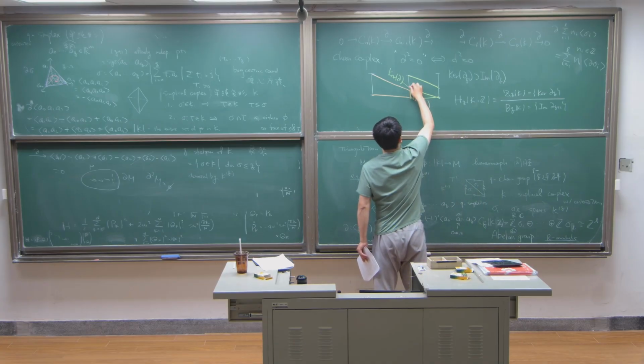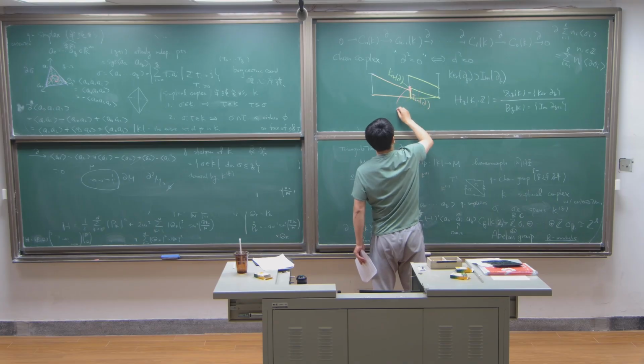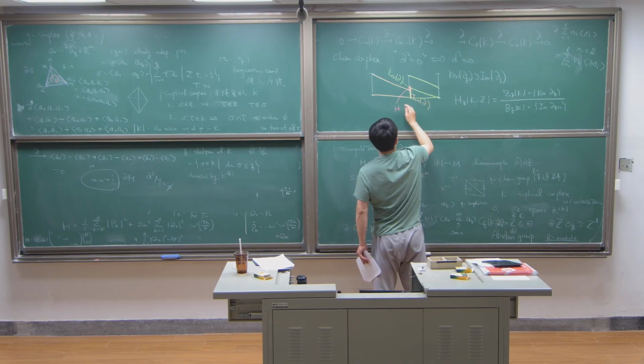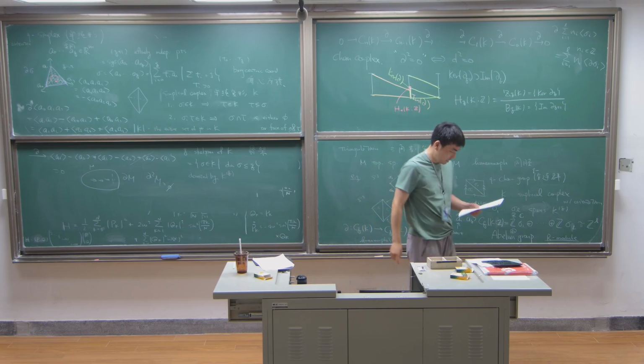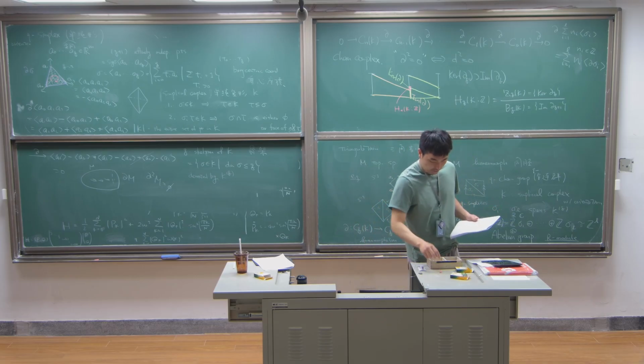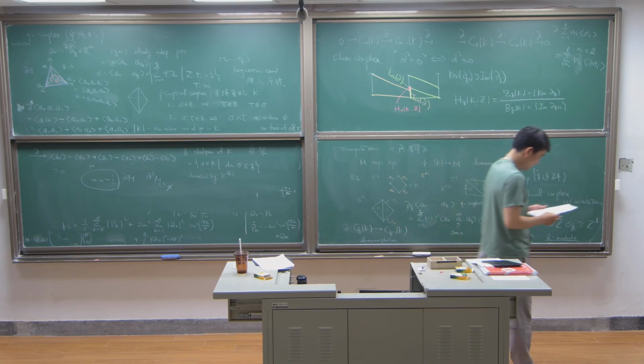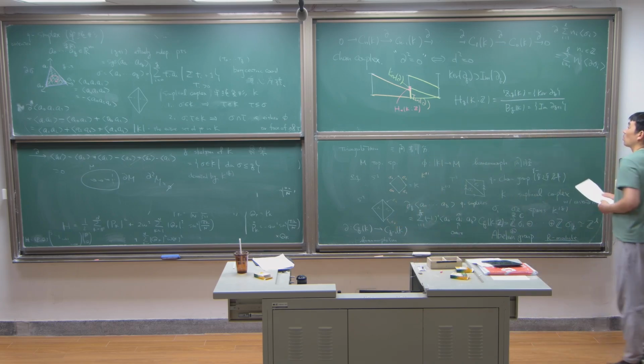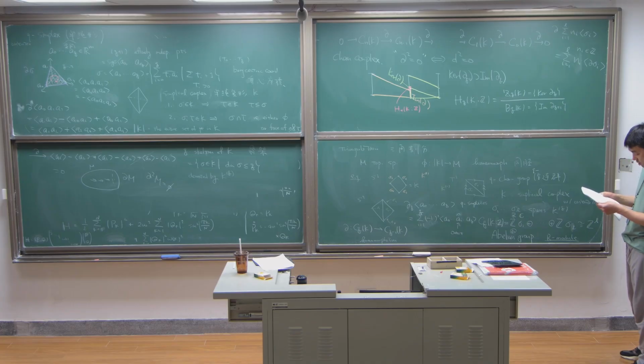This difference between the kernel and the image is H_q of K. So that's the definition. Now let's do the computation, maybe.